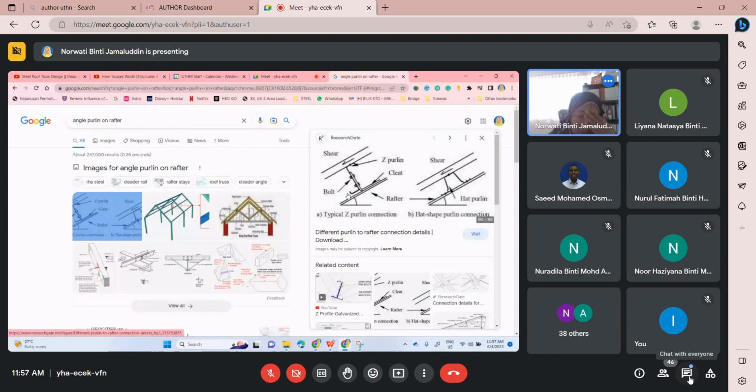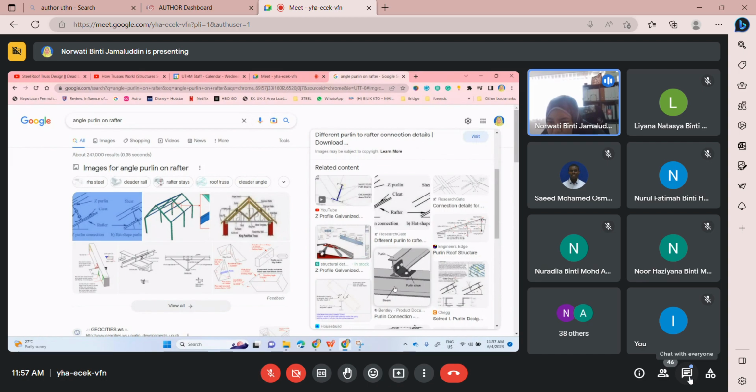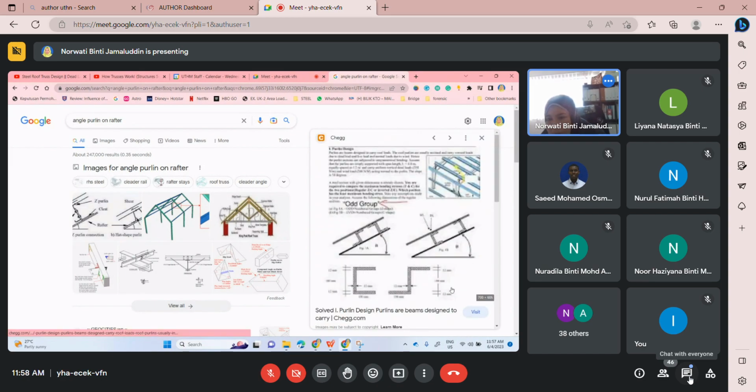Does hot roll have Z section? This one normally for cold form lah. Cold form. Okay, it's okay. We try to look for another picture. What about this? This is Z. Kita nak angle.